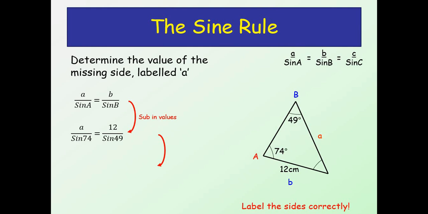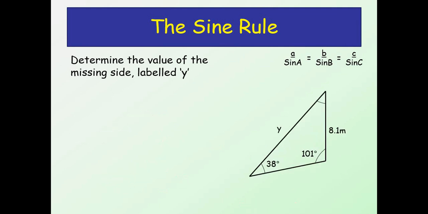So multiplying both sides by sine 74, we get A equals this result. And putting this in our calculator, we end up with the result of A equals 15.3 centimeters to 1 decimal place. Now remember, this is actually degrees, but when you input it in the calculator, just leave it as sine 49 and sine 74. Let's look at another example.